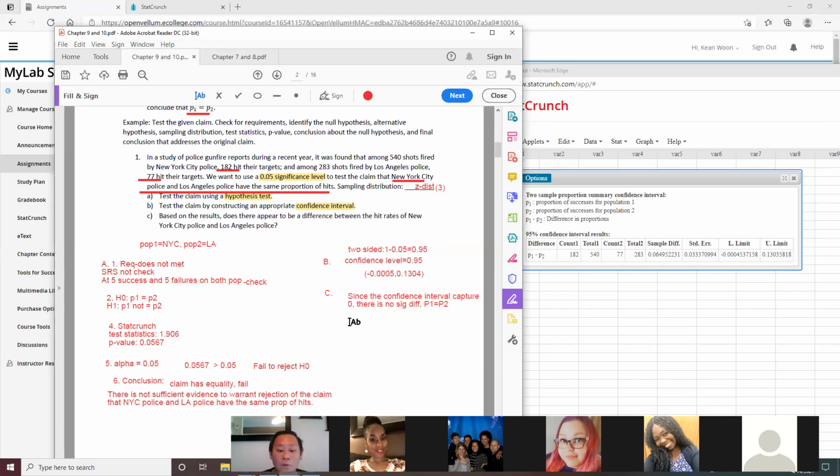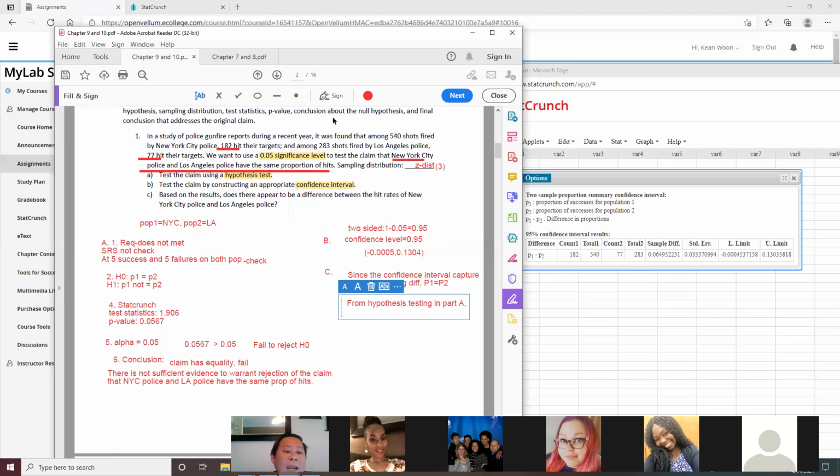Now, if you also check the hypothesis testing from part A, don't forget we did hypothesis testing in part A. One is for part B, one is part A. What does it mean when you say there is not sufficient evidence to warrant rejection? So these two are actually what?